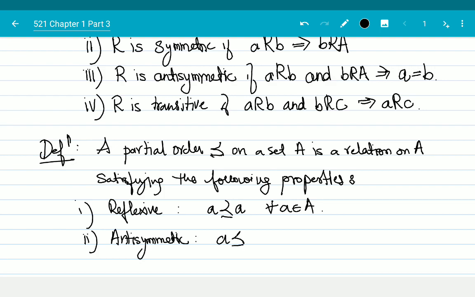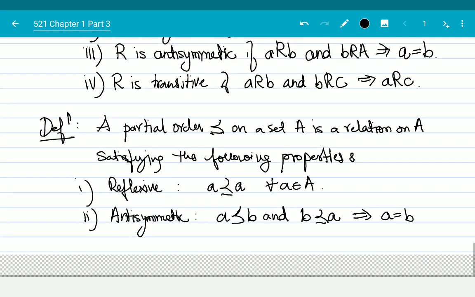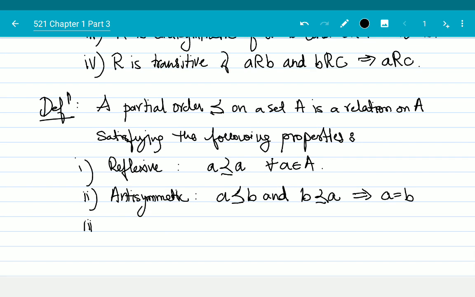A smaller than or equal to B and B smaller than or equal to A implies A is equal to B. And third, transitive. A smaller than or equal to B and B smaller than or equal to C implies A smaller than or equal to C.